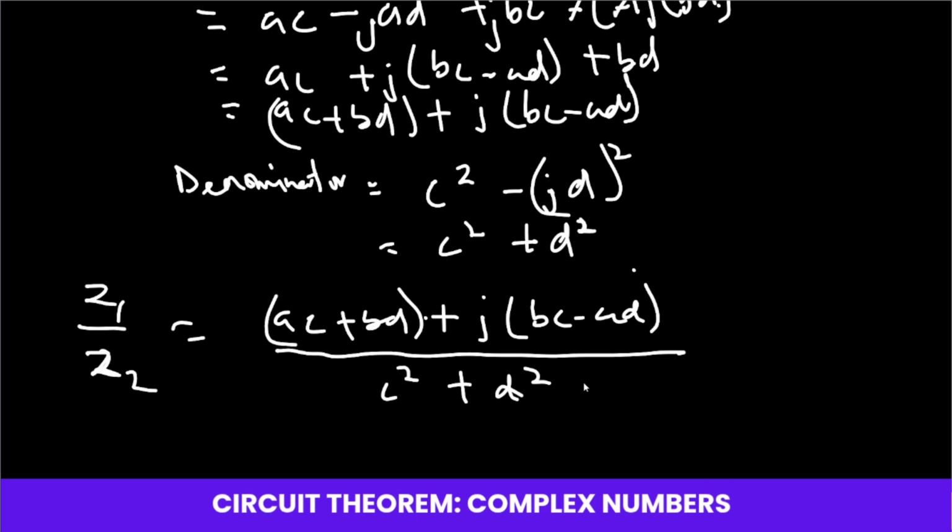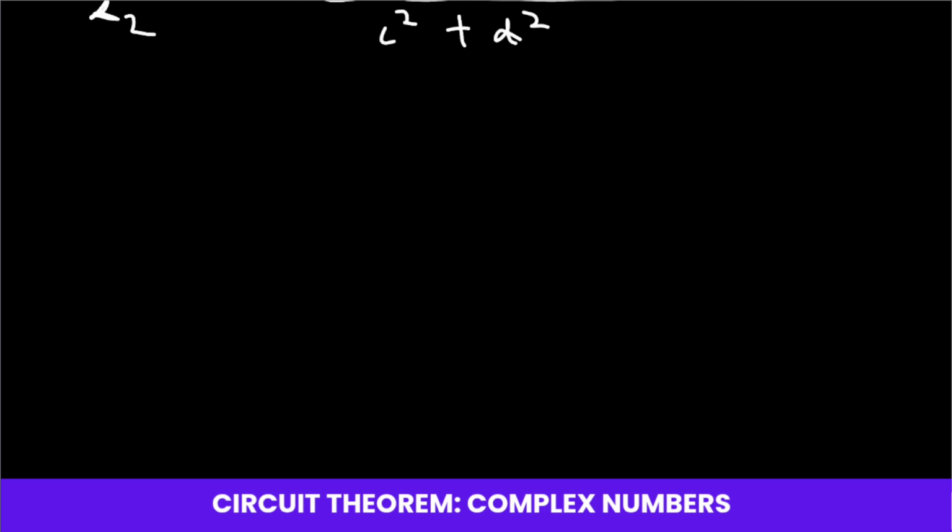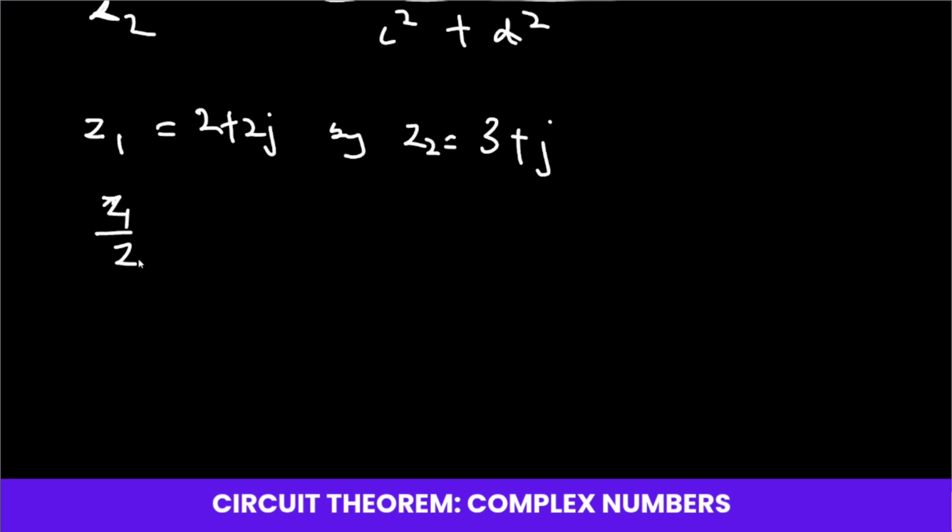Now let's look at a numerical example to get a better understanding of what we are doing. Let's divide z1, which is equal to 2 plus 2j, by z2, which is equal to 3 plus j. So z1 over z2 gives us 2 plus 2j all over 3 plus j.